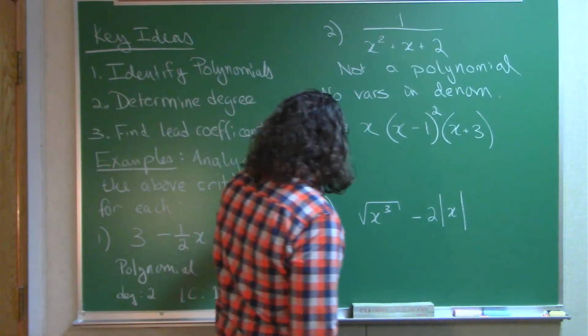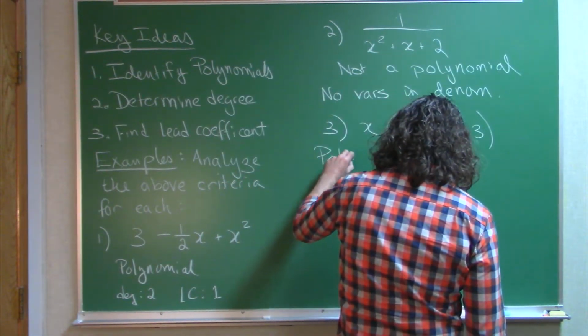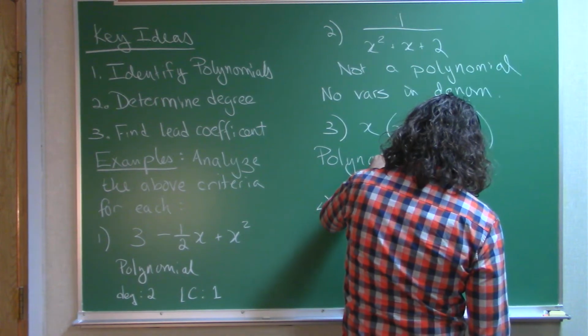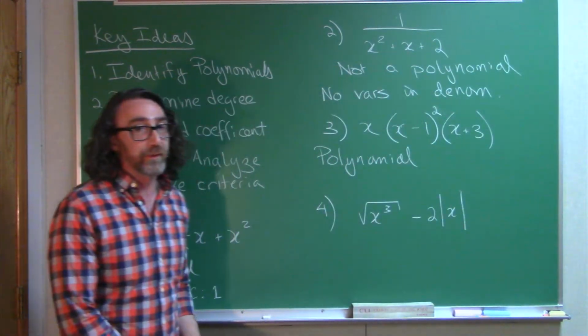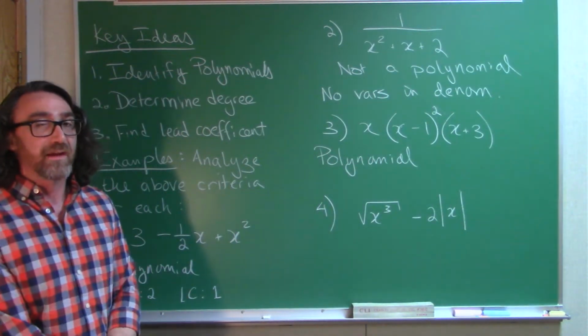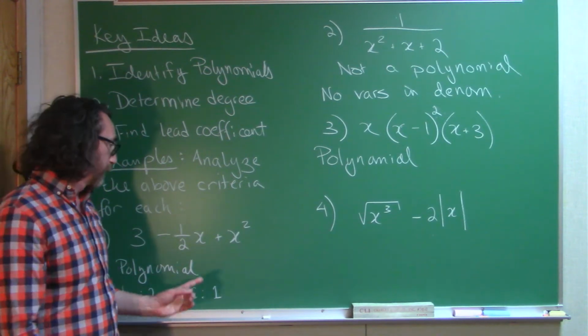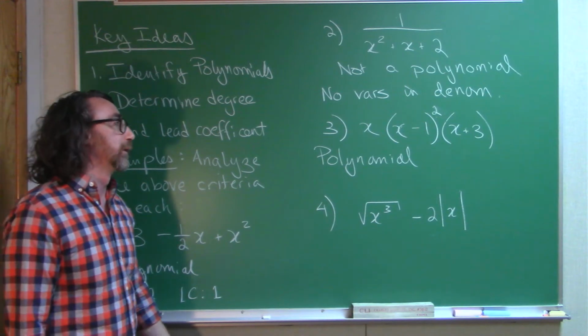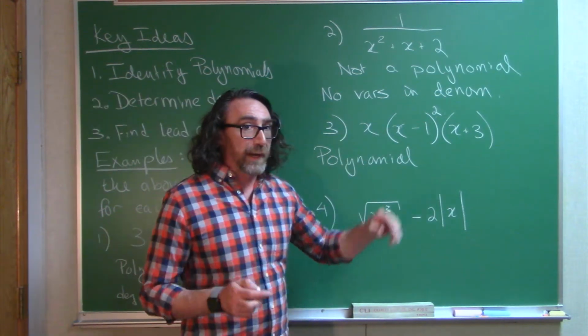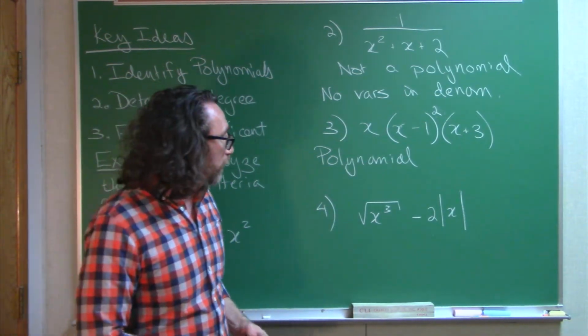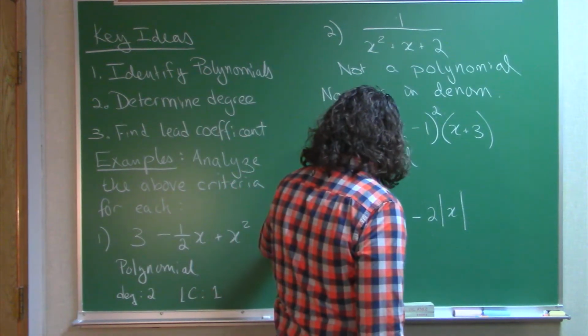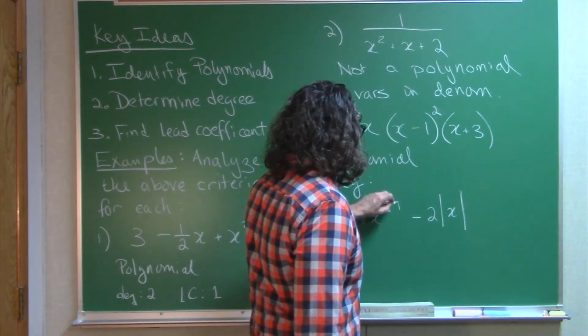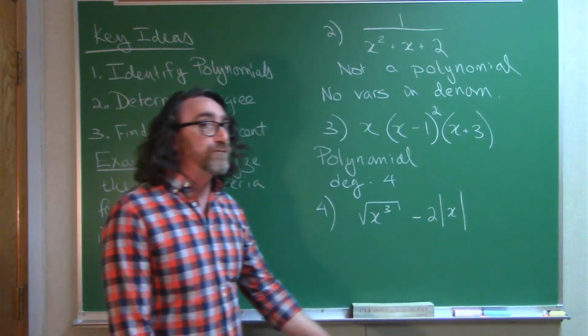Now this is a polynomial here in number 3. Okay, the previous polynomial was expanded out. This polynomial was given to us in factored form. We can't see the factors expanded. This polynomial is factored, so that makes it sometimes a little tricky to get the degree. The degree of this polynomial is actually 4.